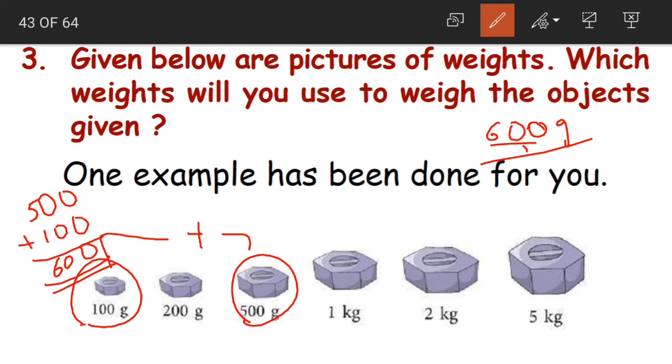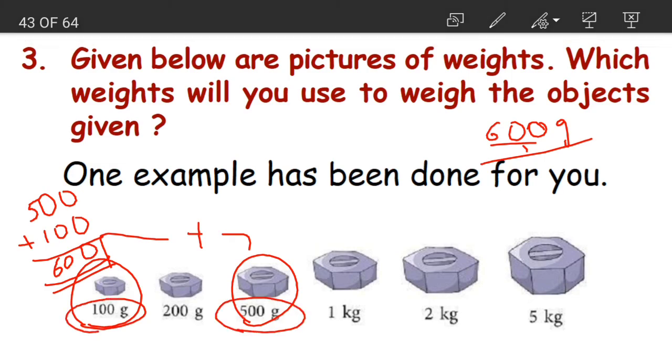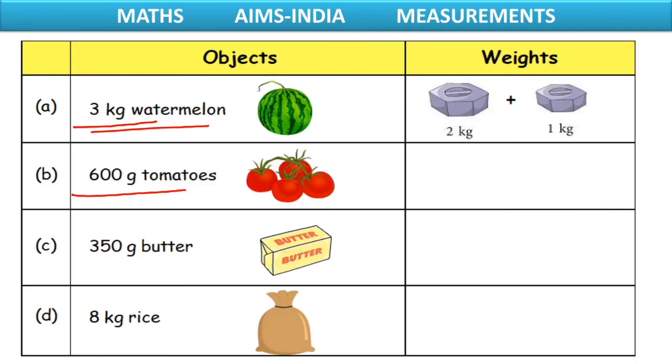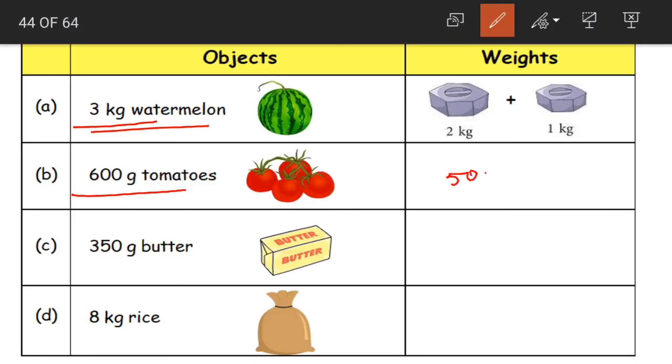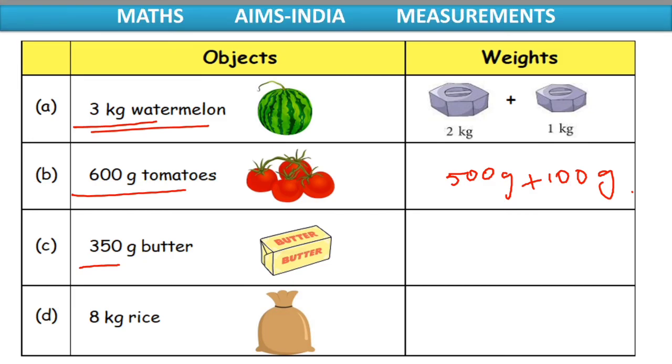So to measure 600 grams of tomatoes, what are the weights that we need, children? We need 100 gram and a 500 gram. So let us write here. What do we need? 500 grams plus 100 grams. Now next up we have 350 grams.